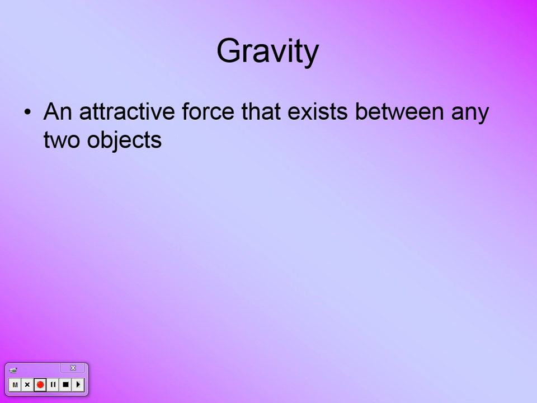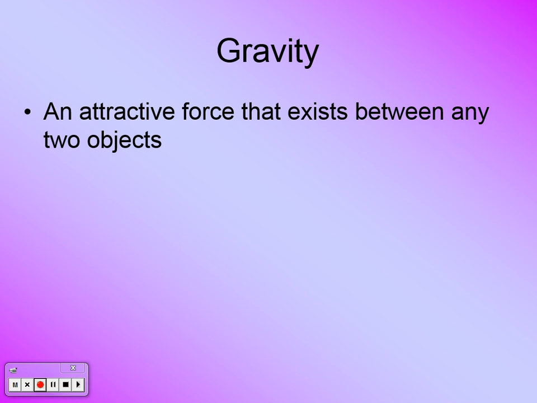Now, we talked about this a little, I think, on the first day of this unit, but it's an important concept when we're talking about gravity. Gravity is not something that one object does to another object. Gravity exists between two things. You can't have an object that has gravity if there's not another object for it to interact with.